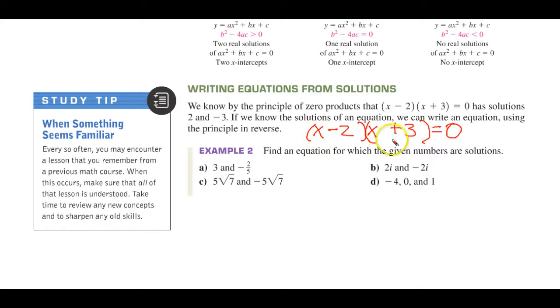And then you would just FOIL that, and that would give you x squared plus x minus 6 equals 0. So there's your original equation that you factored into this, that you then ended up with the solution set 2 from this one and negative 3 from this one.